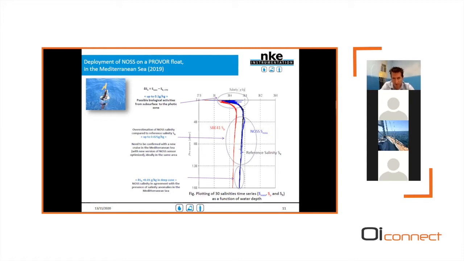So we need to confirm this difference between the NOSE sensor and the reference salinity with a new optimized version of the NOSE sensor, ideally in the same area. In the deep zone, we measure composition anomalies of less than 0.01 gram per kilogram. So we have a good agreement of NOSE salinity with the presence of salinity anomalies in the Mediterranean Sea.